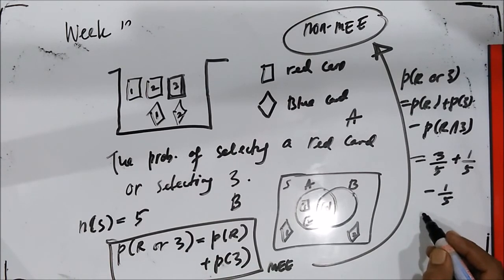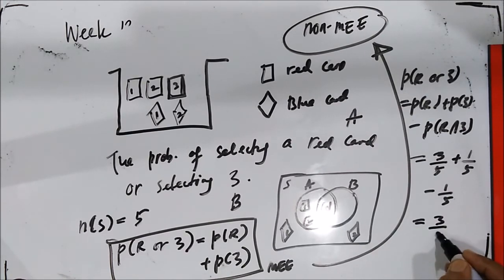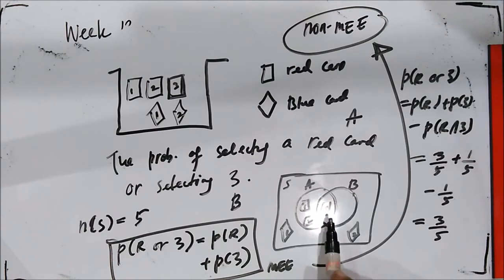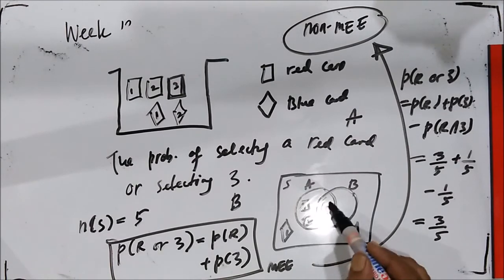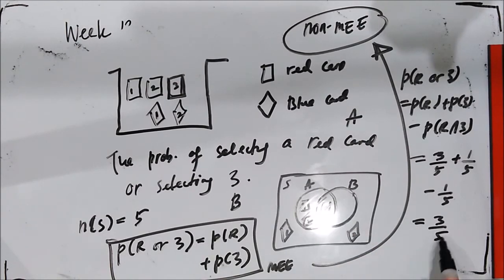So 3 over 5 plus 1 over 5 minus 1 over 5 is equal to 3 over 5. If you refer to this graph, the probability of getting red or number 3 is 3 over 5. This is how we solve the problem here.